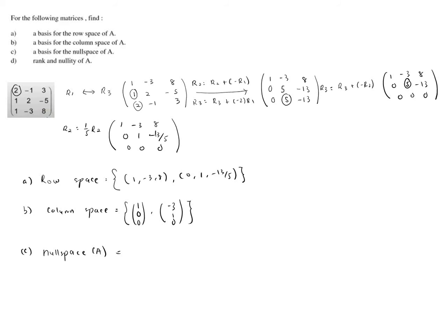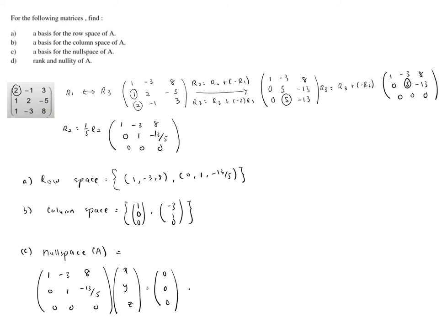Okay, let's take back our matrix. 1, negative 3, 8, 0, 1, negative 13 over 5, 0, 0, 0. Multiply by x, y, z. And this should equal to 0, 0, 0.